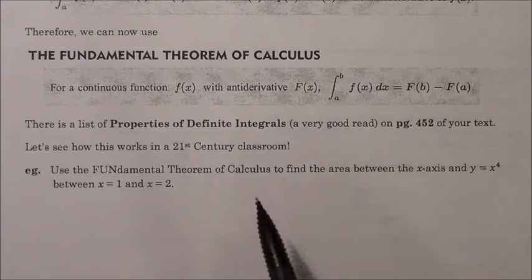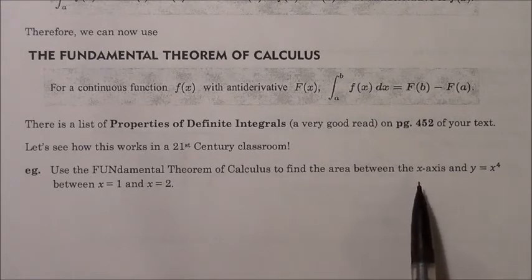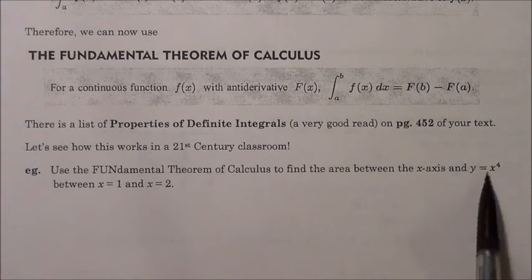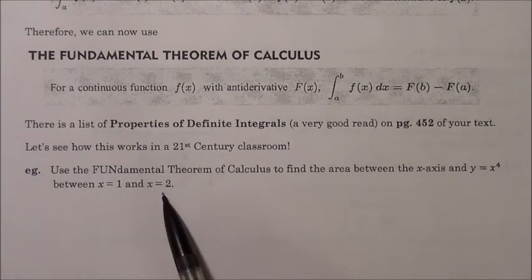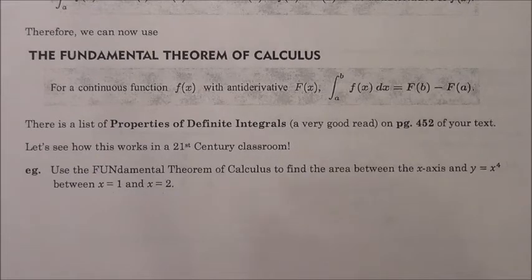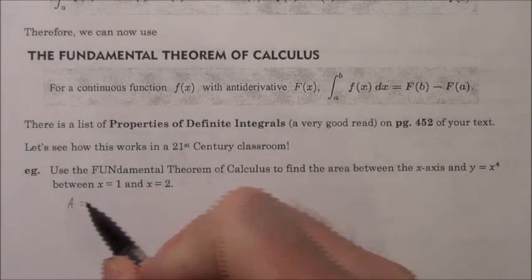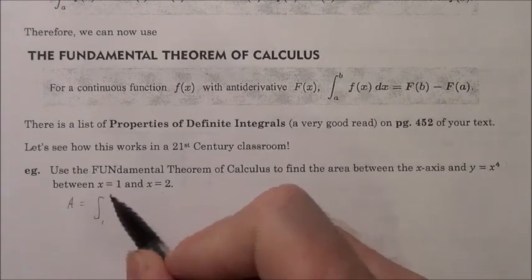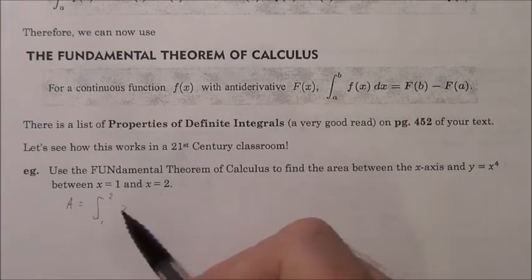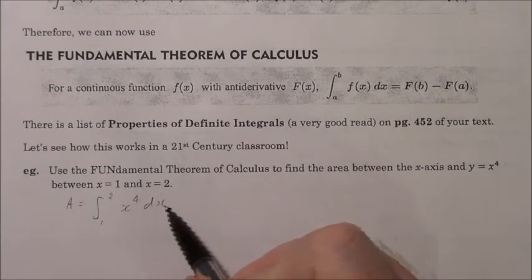So if we want to find the area between the x-axis and this curve y equals x to the power 4 between x equals 1 and x equals 2, we would need to use this integral. So it's an area. So the integral from 1 to 2 of x to the power 4 dx.